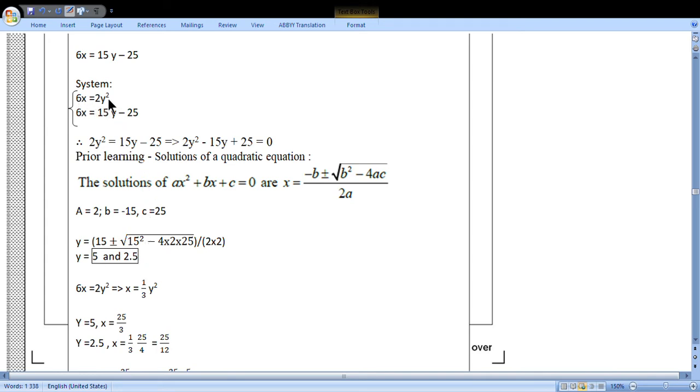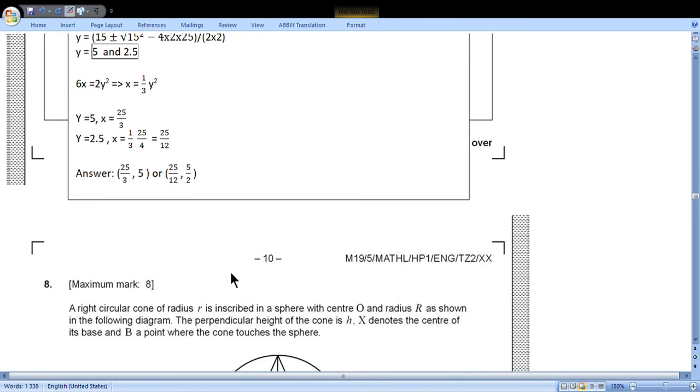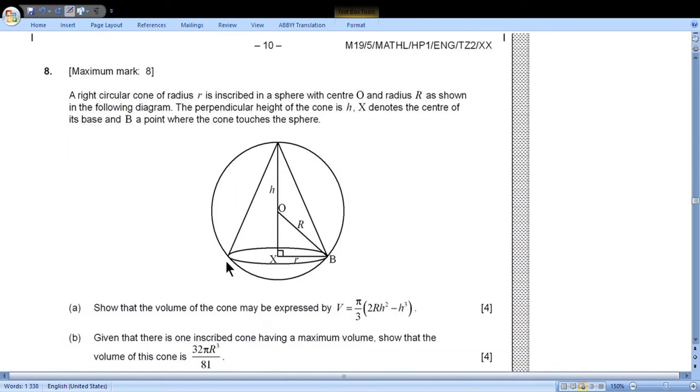Now from one of the equations, for example this one, the easiest, we get the value of x. So for y equals 5, it will be 25 over 3. For y equals 2.5, it will be 25 over 12. So this question is done. Question 8.